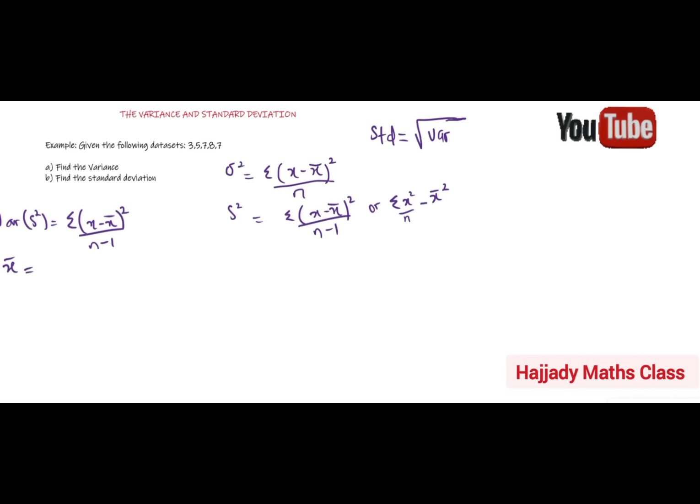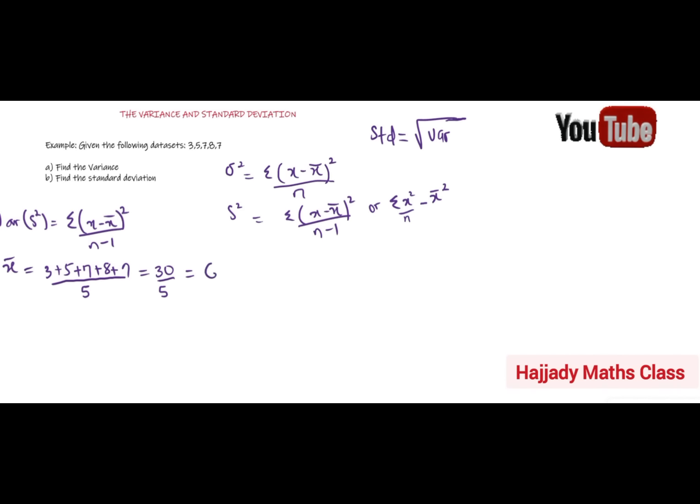That means addition of everything over the number of observations. That's going to be 3 plus 5 plus 7 plus 8 plus 7. We're dividing everything by the number of observations, which is 5. So this is going to give us 30 over 5. And our mean is going to be 6.